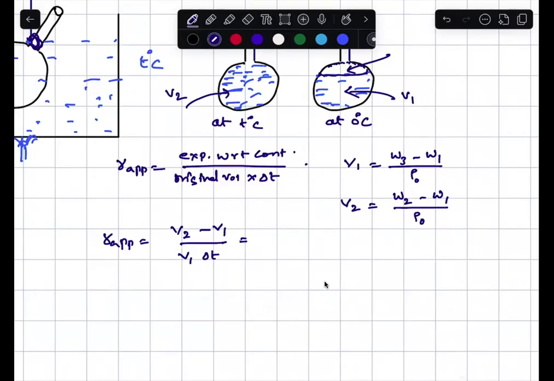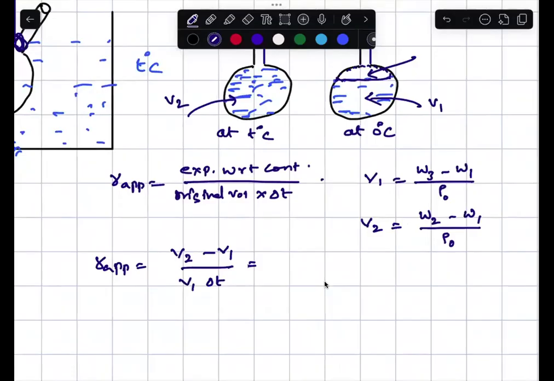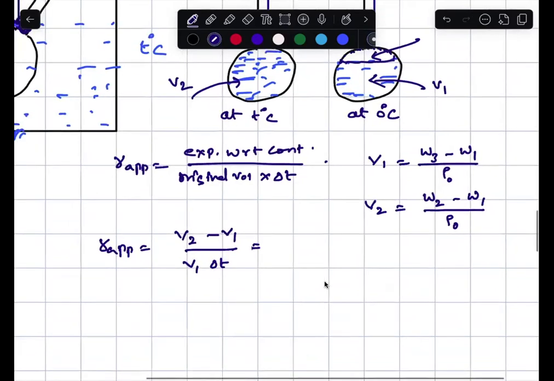The remaining liquid is occupying that much volume in the container at T degrees centigrade.